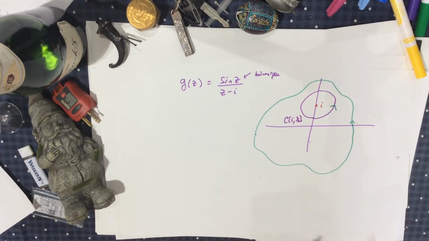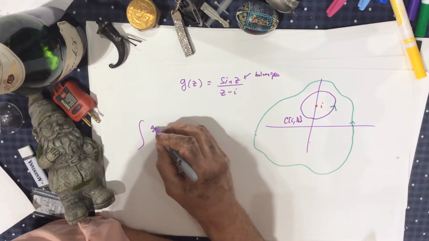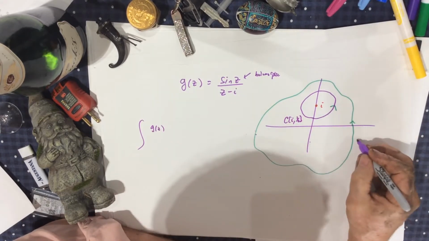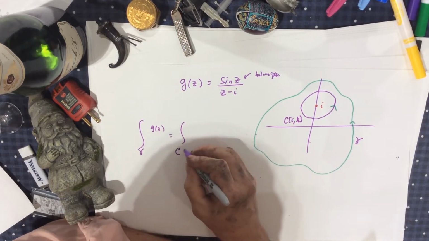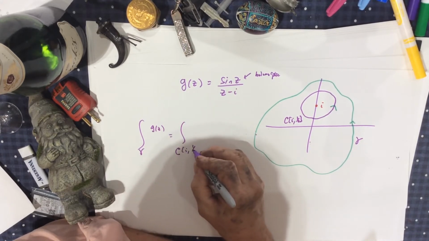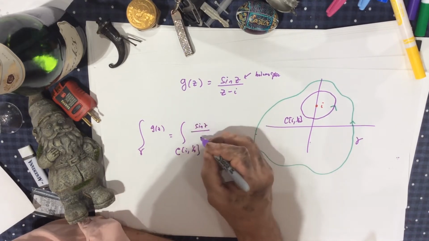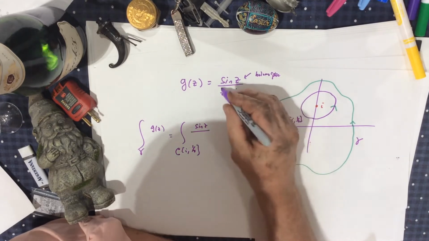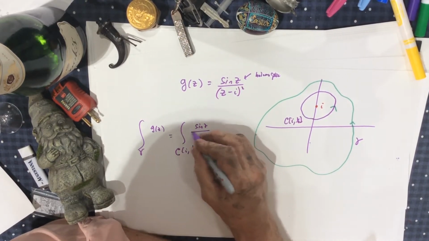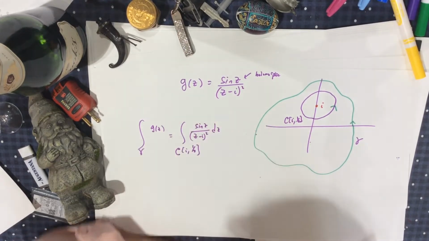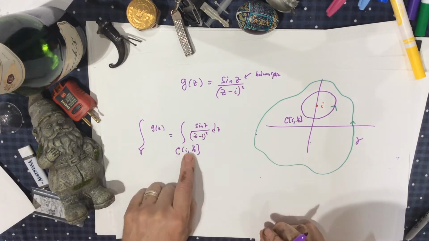Now, what's neat about this is we now can do the integral of our g of z over this path gamma by saying it's the same as the integral around i, radius 1/2, of sine of z over z minus i squared dz. Oh, I meant to do a square here, I apologize. And now I go, oh, that's just a simple circle.